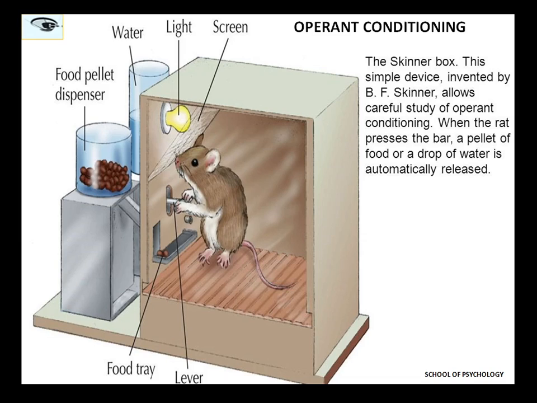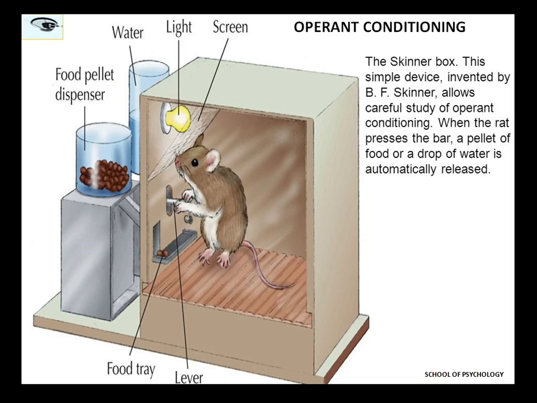The lever was connected to the food container, which was kept on top of the chamber. We can clearly see the Skinner box in front of us, a quite simple device invented by B.F. Skinner.